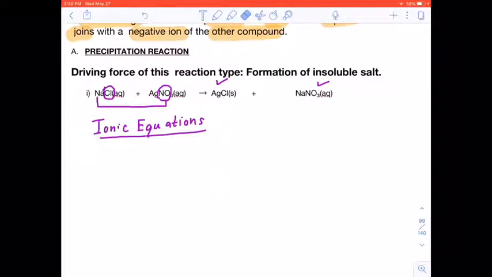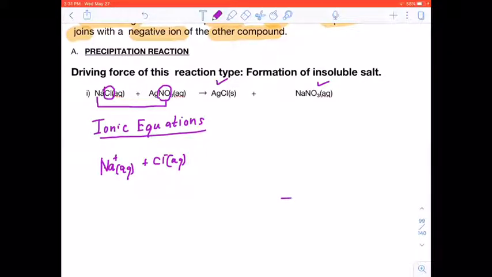So we know sodium chloride is soluble, and so we have Na plus and Cl minus aqueous.